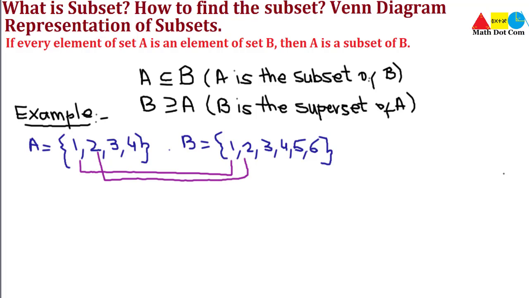Yes. 2 is in B, yes. Is 3 in B, and is 4 in B? According to the definition of the subset, if every element of set A is an element of set B, then only you can say that A is a subset of B.